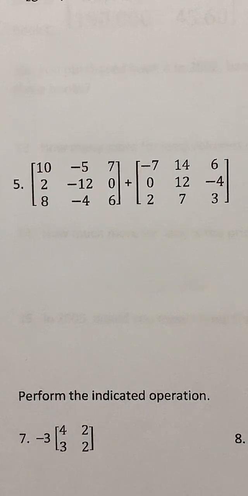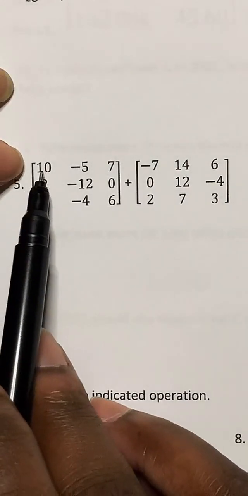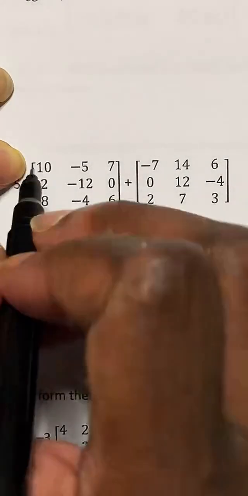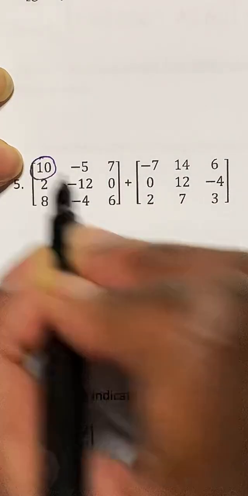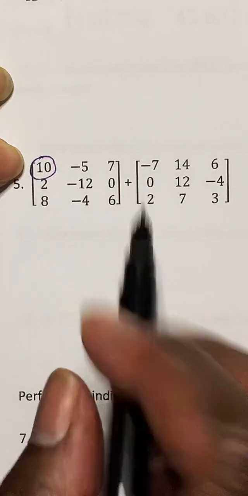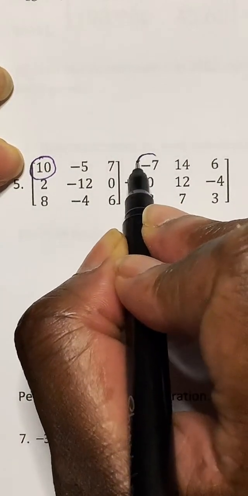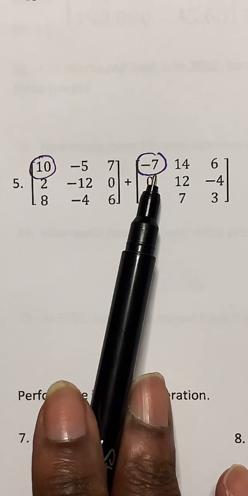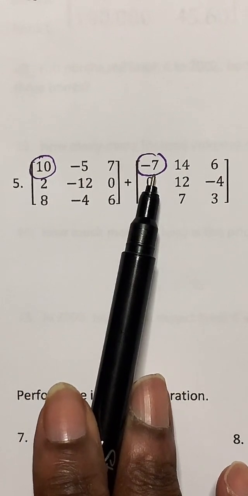So that means starting with the first row, first column, you want to add to the first row, first column of the other matrix. So we got the first row, first column in one matrix, you're going to combine with the first row, first column in the other matrix. Yes. So that's going to give us 3.